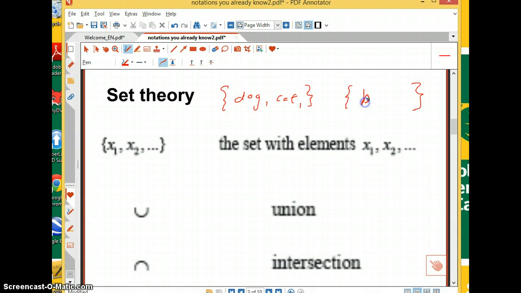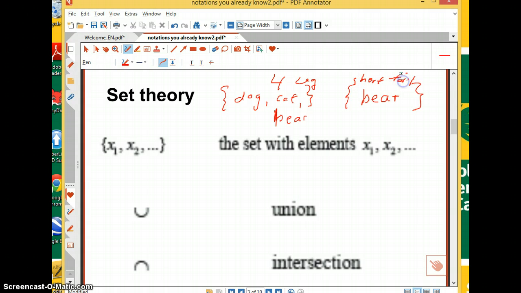Let's say a bear. A bear has a really short tail, so maybe he's in this set too. He's in the four-legged animal set, and he's also in the short-tail animal set.